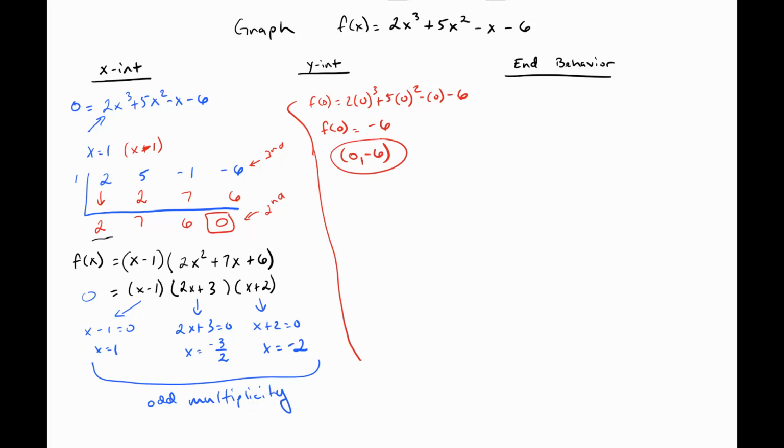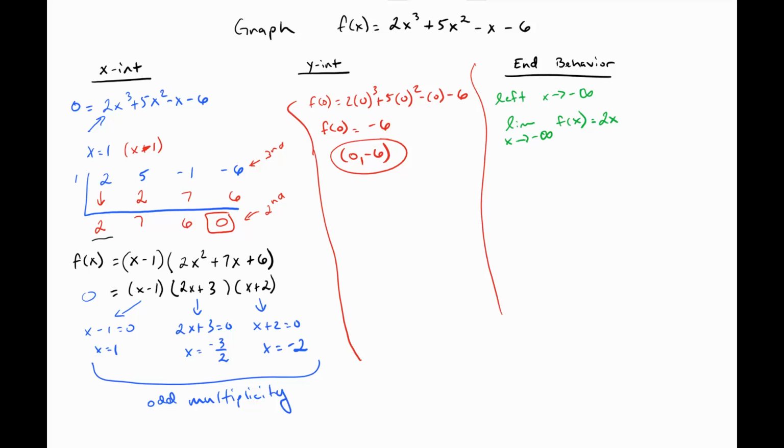And now I just have to figure out how my graph is going to behave at its ends. So first I'm going to look at its left end behavior, or as x approaches negative infinity. So I'm going to look at the limit as x approaches negative infinity of f of x.